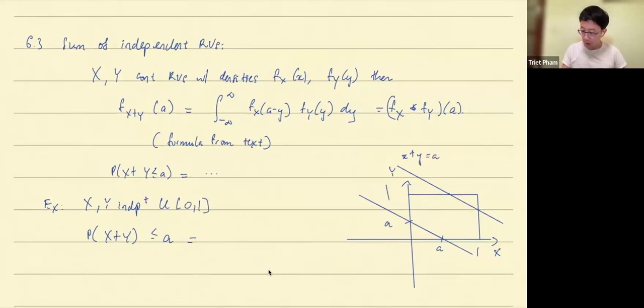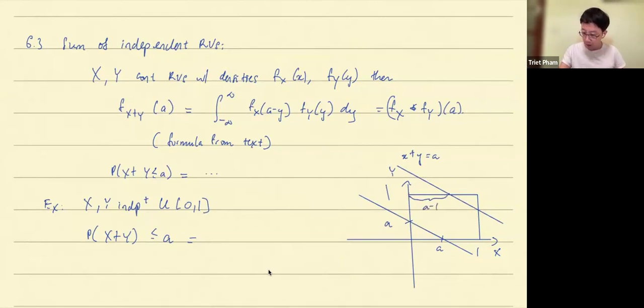And so this is when Y equals 1, so X is equal to a minus 1. This part right here is a minus 1.